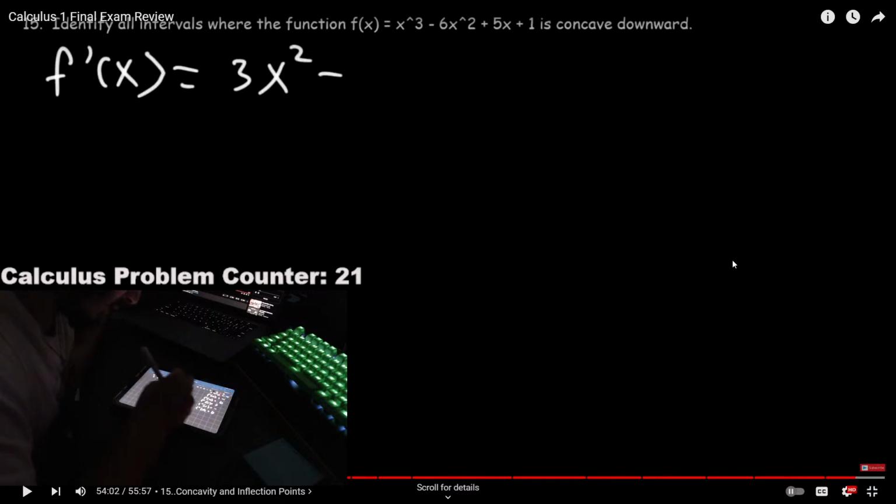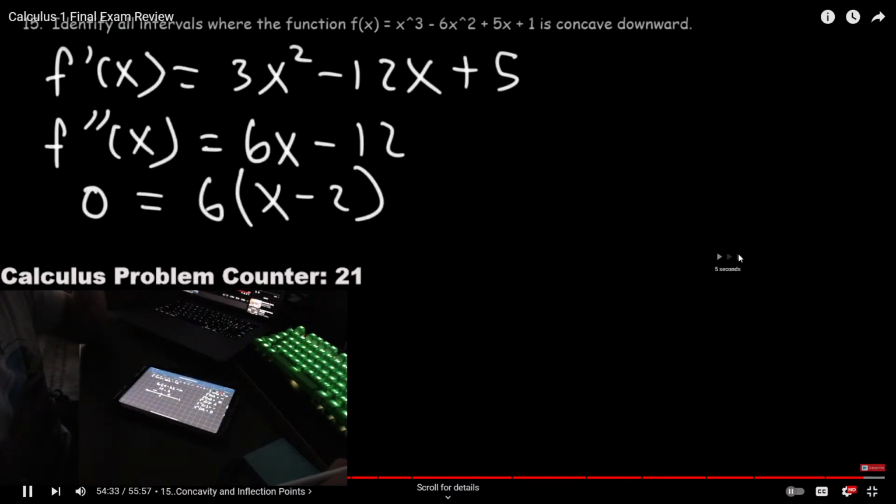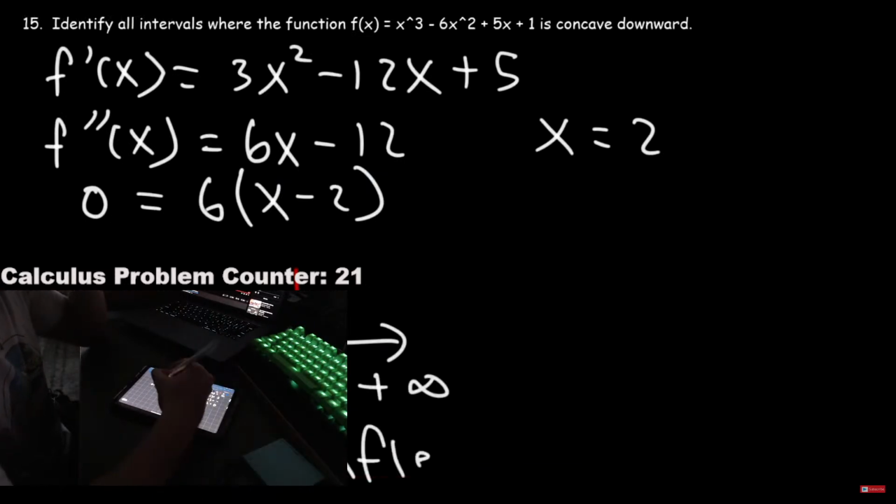I'll draw a number line with 2 on it. Plug 3 into the second derivative: it's positive. Plug in 1: it's negative. Yep, 2 is an inflection point because the second derivative changes sign.